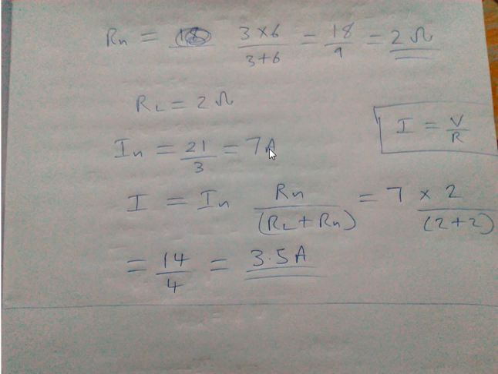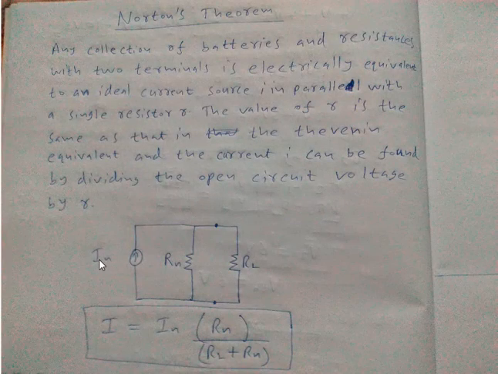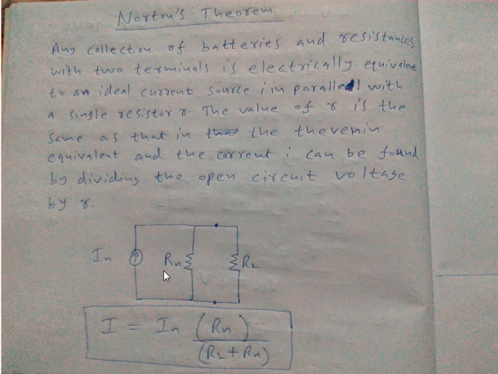That is 7 A. So the basic diagram will come like this: instead of IN, 7 A will be there, instead of RN, 2 ohm will be there, and instead of RL, 2 ohm is there. So directly we can apply the formula.